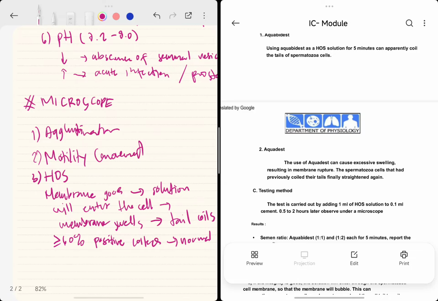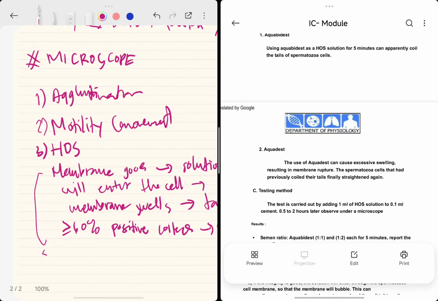But if they don't do that, it could be that the sperm are not alive at all. Okay, just go with this one.